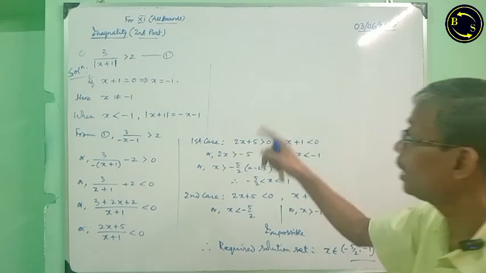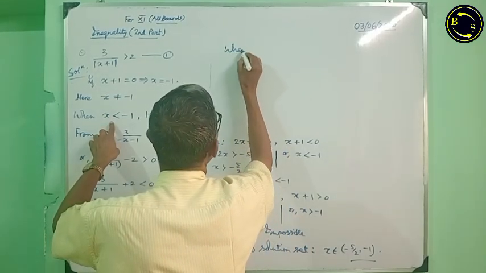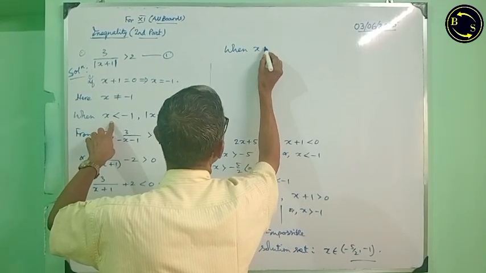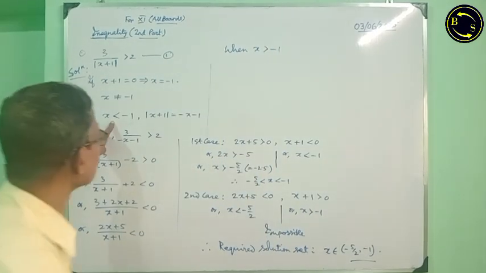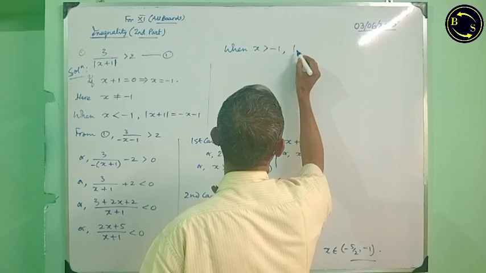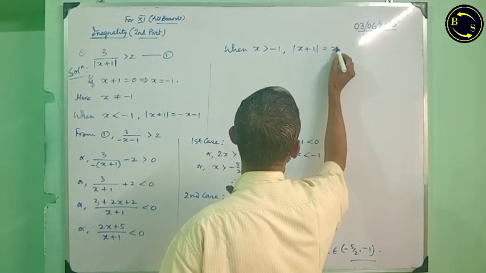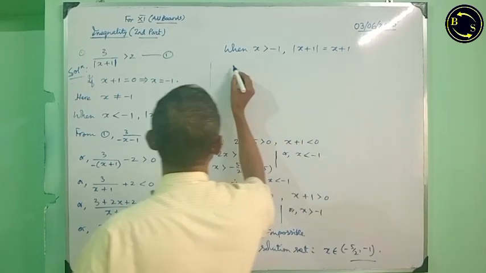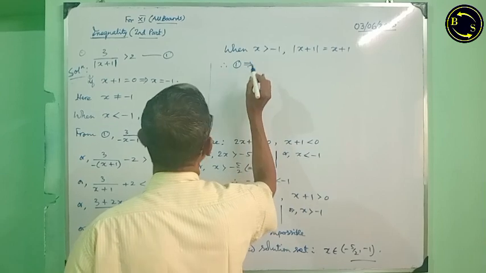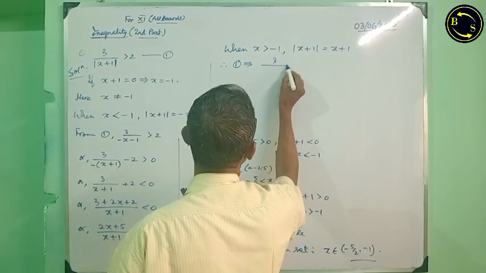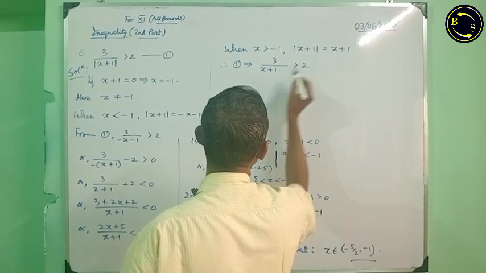Now we have to consider the other case, when x is greater than minus 1. In that case, modulus of x plus 1 will be x plus 1. Therefore, from 1 we are getting 3 by x plus 1 greater than 2.